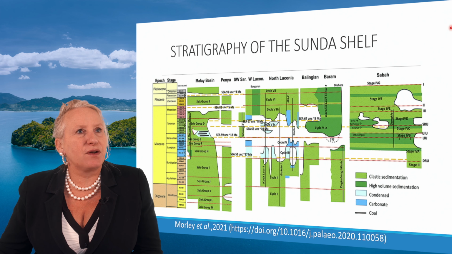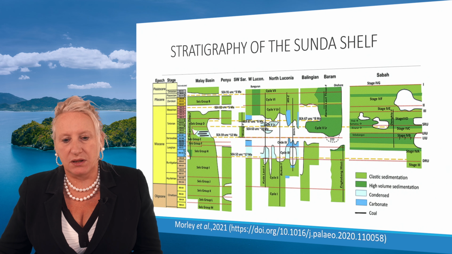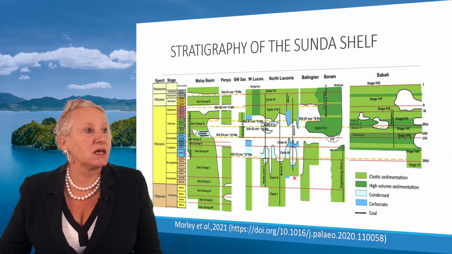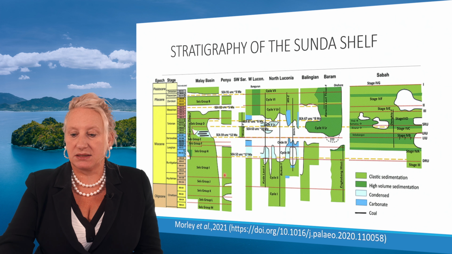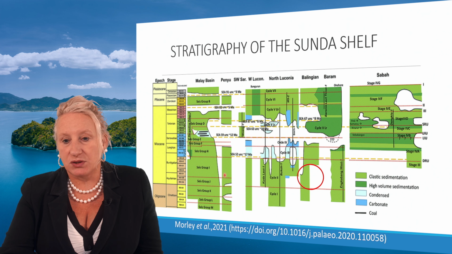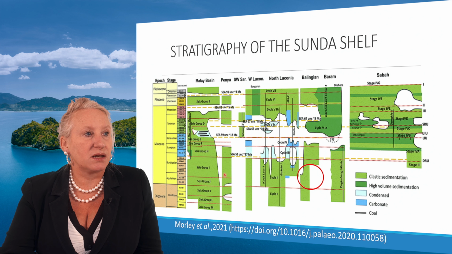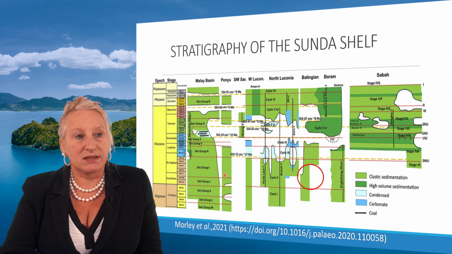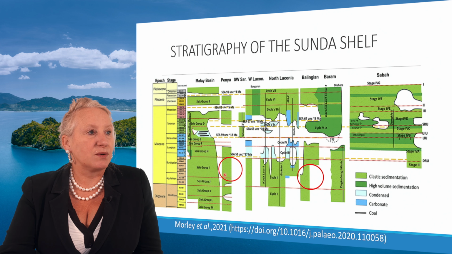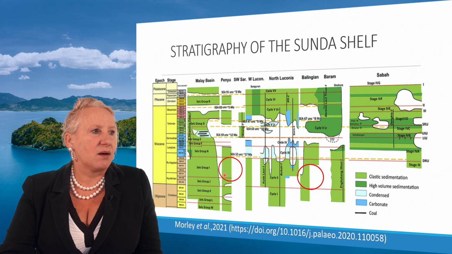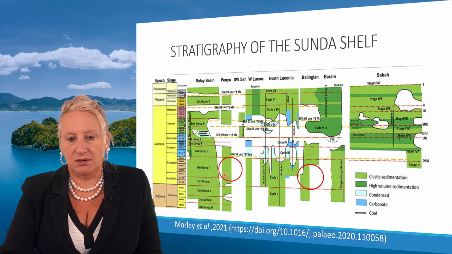In terms of the stratigraphy of the Sunda Shelf, all my references will be down here, where you can acquire them for your own reference. This is the Miocene. We're going to look at the Balingian first, offshore Sarawak, in cycle 2, where we have clastic sedimentation. Then the Penyu Basin, a smaller basin offshore Malaysia, in the same cycle.